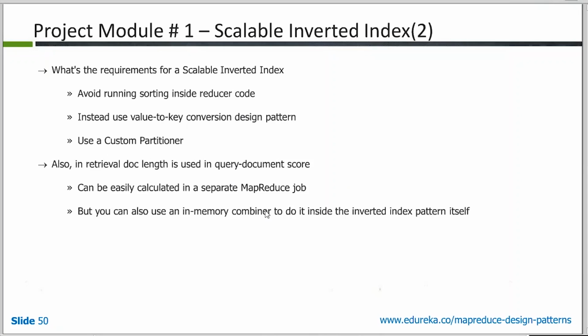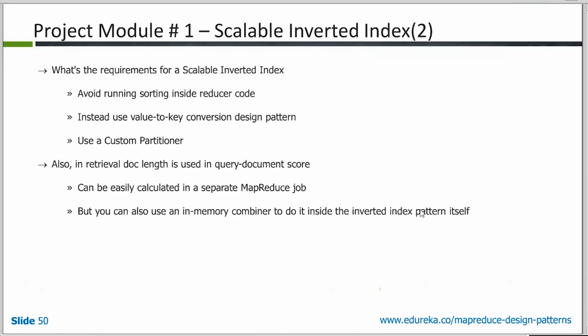At the start I told you that in the mappers, the key and the value which are output have some significance depending on the kind of problem you're trying to solve, and the value to key conversion actually uses that concept. We'll see what the value to key conversion design pattern is. And when we use it, we'll also have to use a custom partitioner.